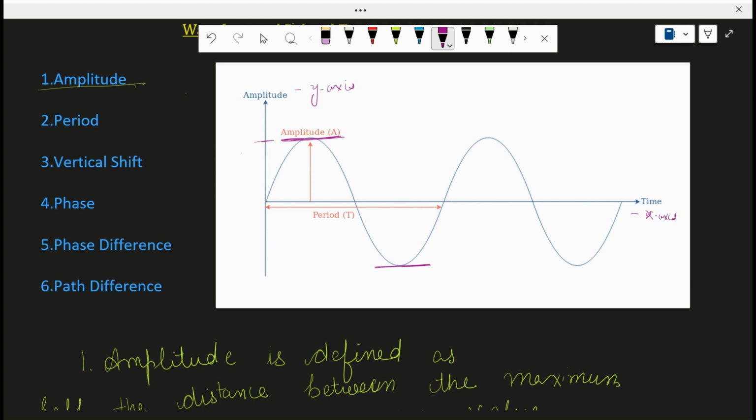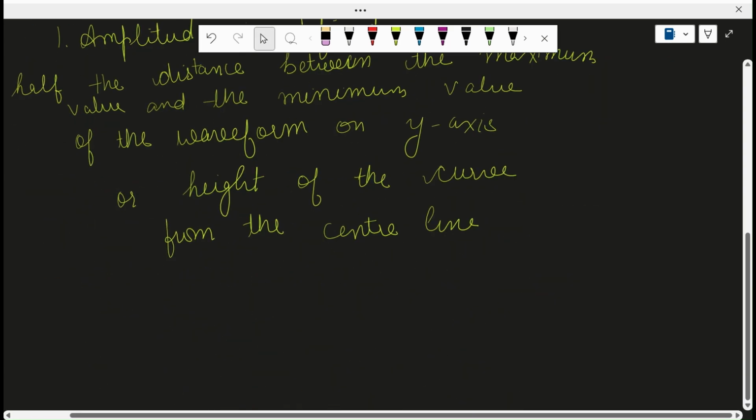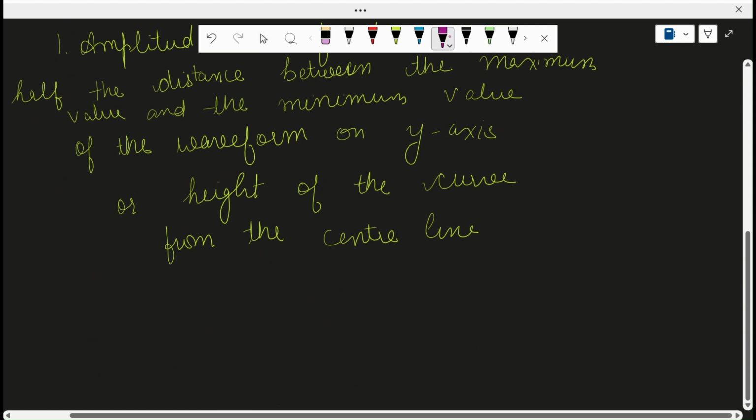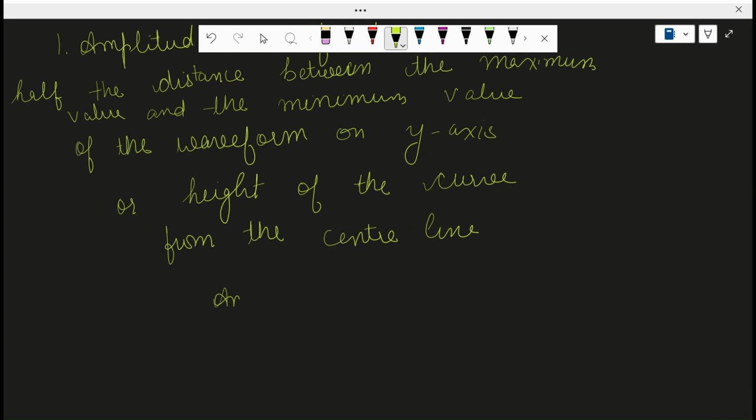So the difference between the maximum value, that is a on the y-axis, and the minimum value, minus a. According to the definition, what would our amplitude be? It would be the difference of the maximum and minimum value divided by 2, since it is half.